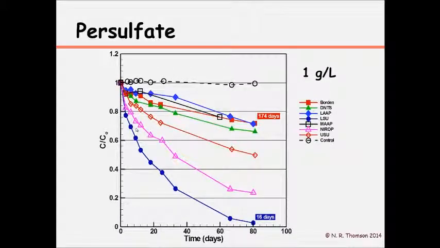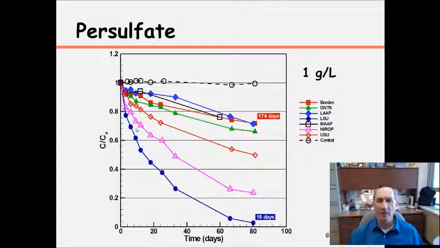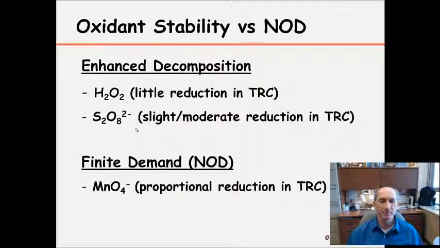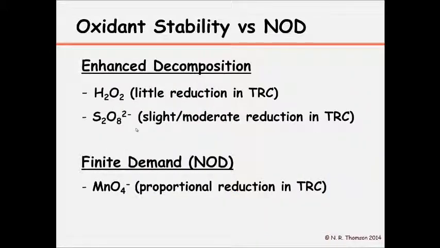Here's what we get for the spectrum of those 10 aquifer materials, and you can see the half-life will range between 16 days and 174 days, really clearly telling us that persulfate in the presence of these aquifer materials, unlike peroxide, is much more stable.